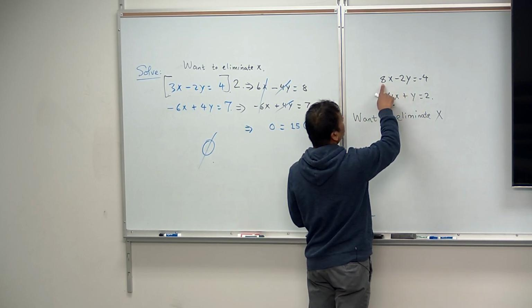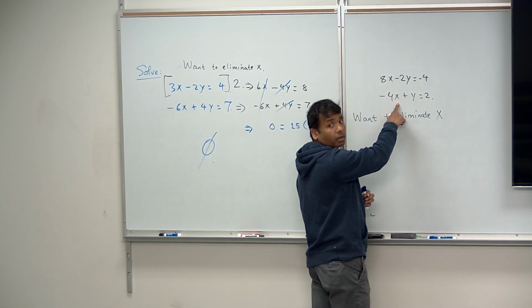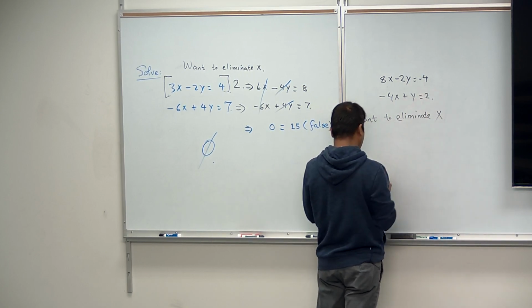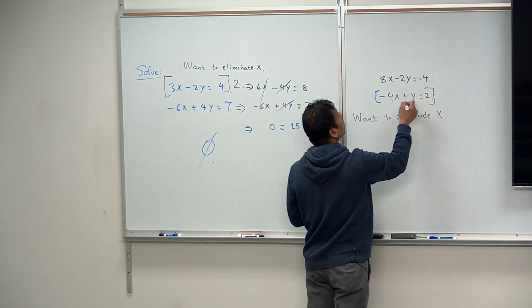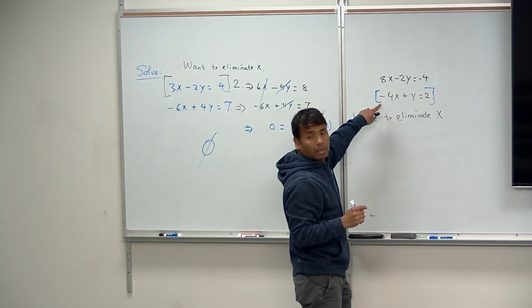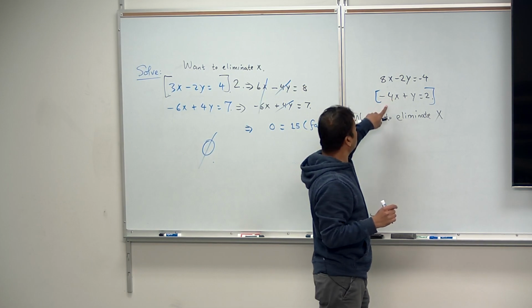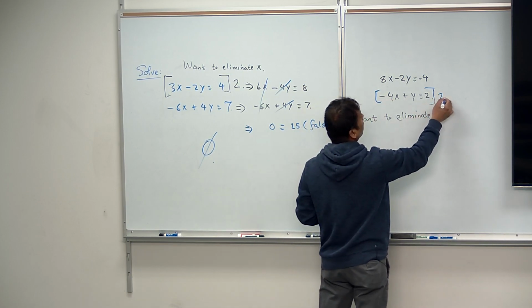It has the coefficient of x 8 here, and the coefficient of x negative 4 here. What is the number you have to multiply by? 2, okay. So you do 2 here.